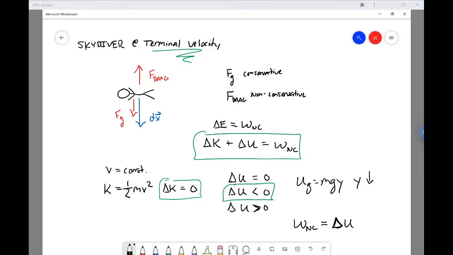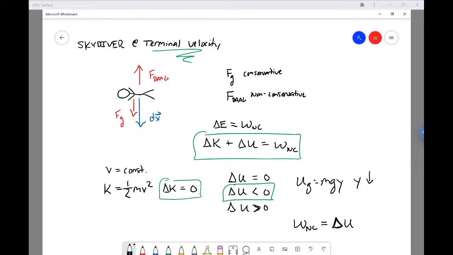This makes sense sign-wise, because the drag force points up, the displacement is down, so the drag force does negative work because it points in the opposite direction of the displacement.